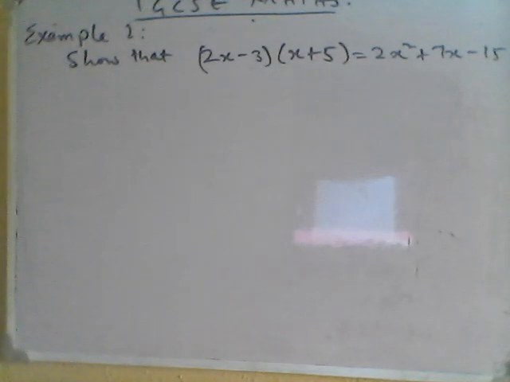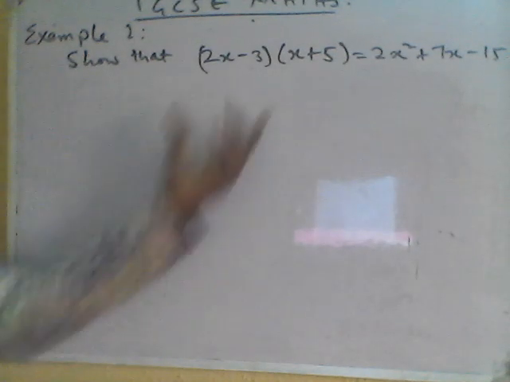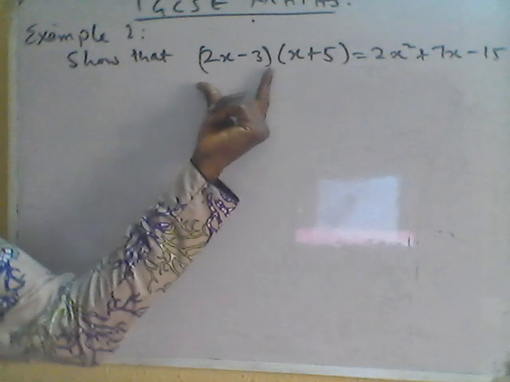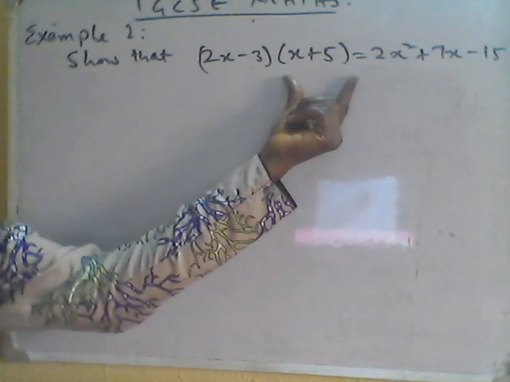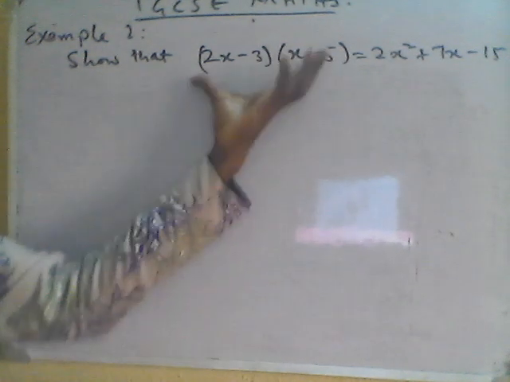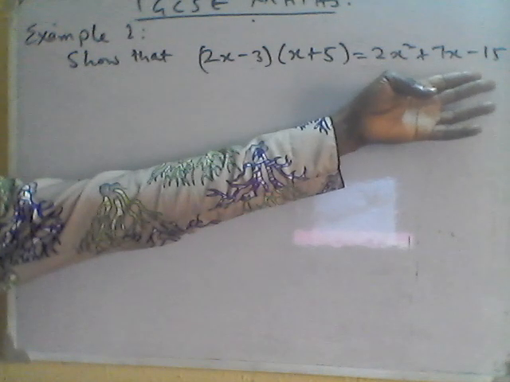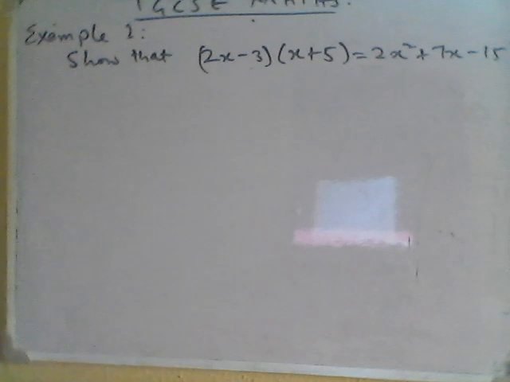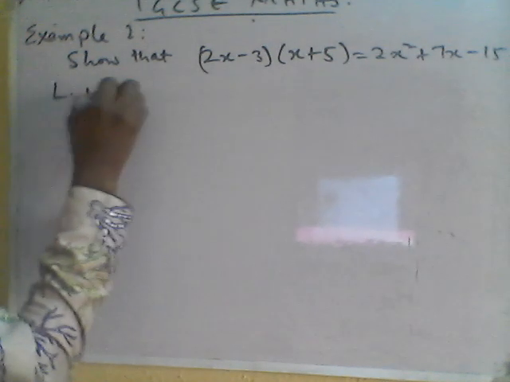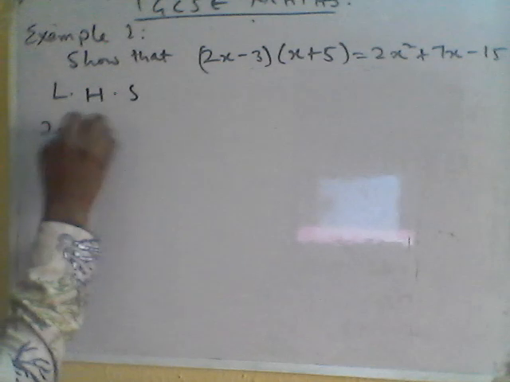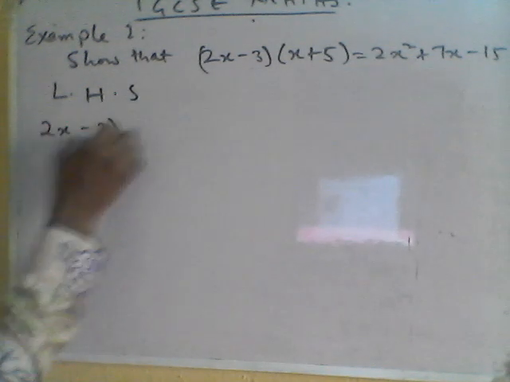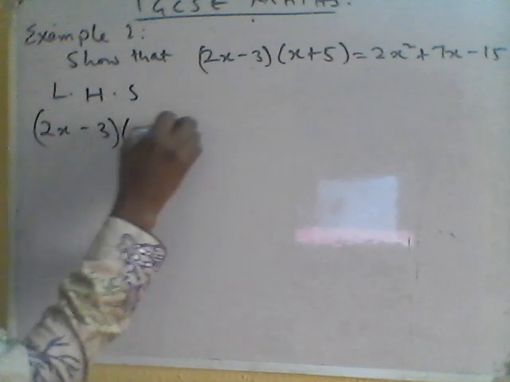Okay, so this example says we should show that (2x - 3)(x + 5) is equal to this. So again, I'm going to expand the left-hand side of this equation, and whatever I get as my answer should match this, showing that this is an identity. So the first thing I do is work on the left-hand side, and I have (2x - 3)(x + 5).